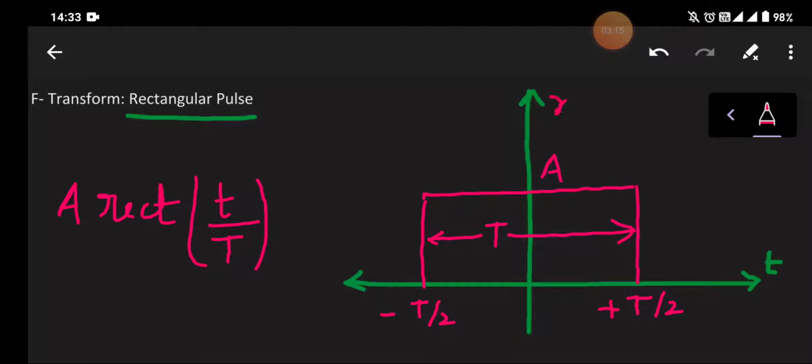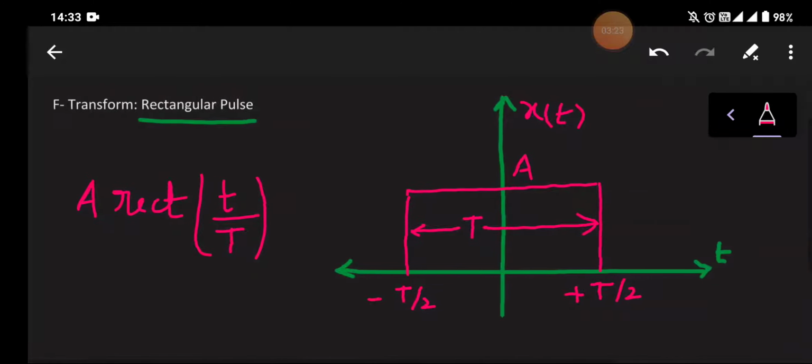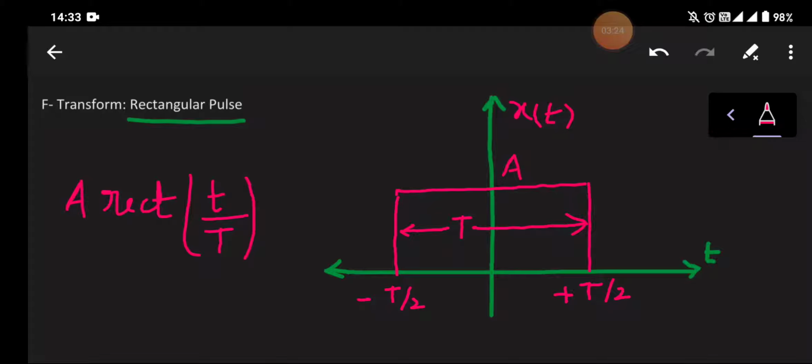This is the signal x(t), which is our rectangular pulse.